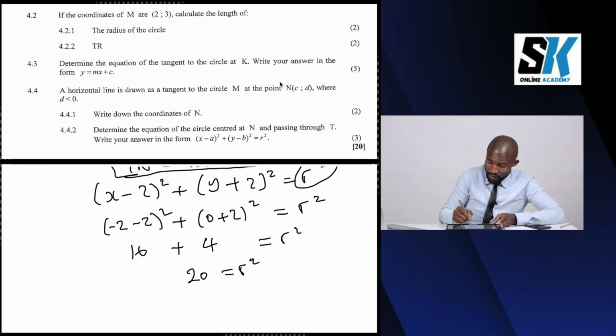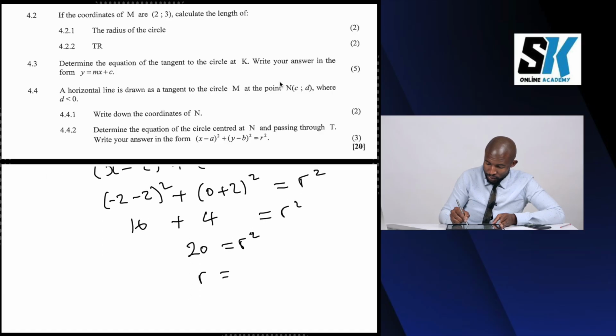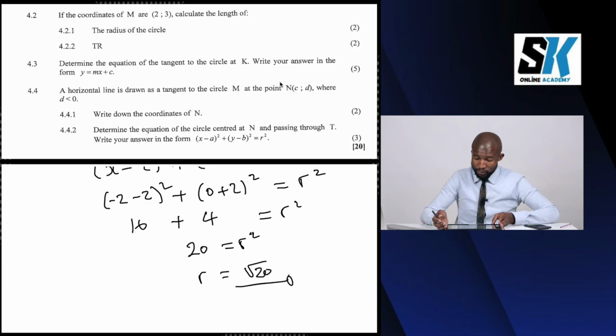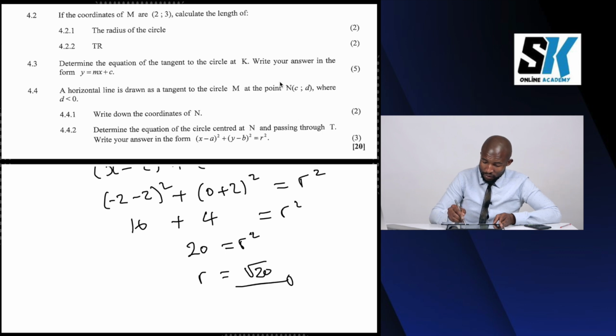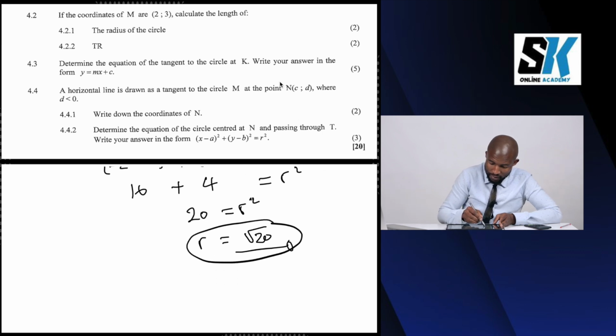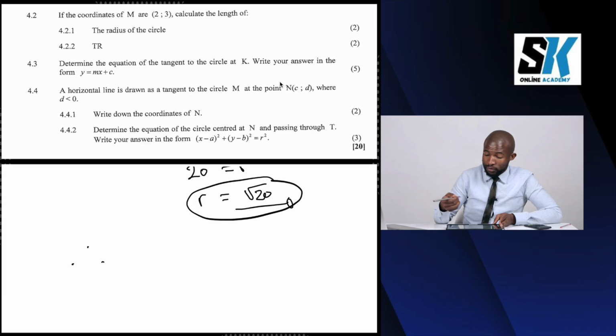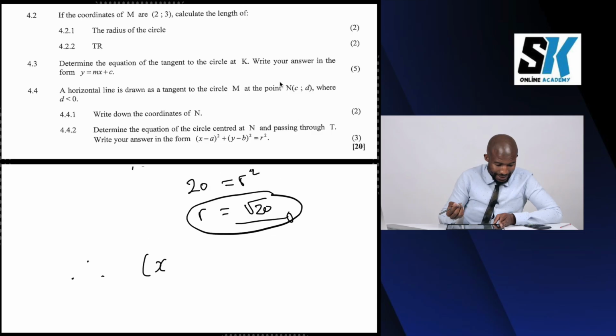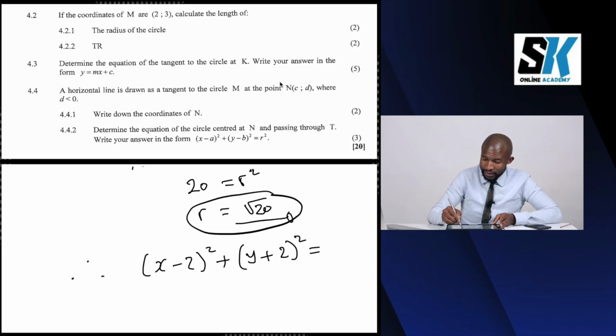Then r will be equal to the root of the number, and that will be your radius. Therefore, your new equation for that circle has to be (x minus 2) all squared, since our center is n, plus (y plus 2) all squared, equals our r squared.